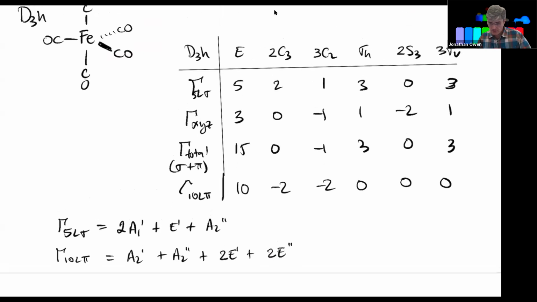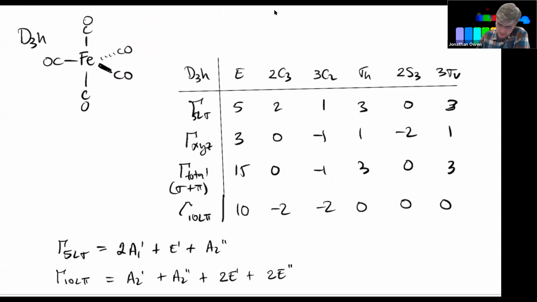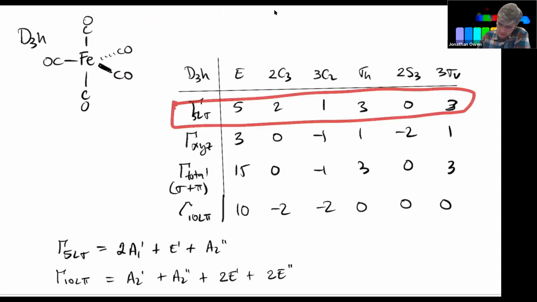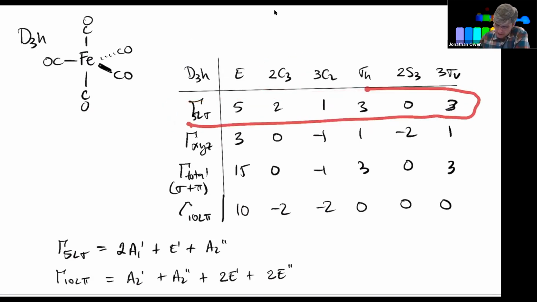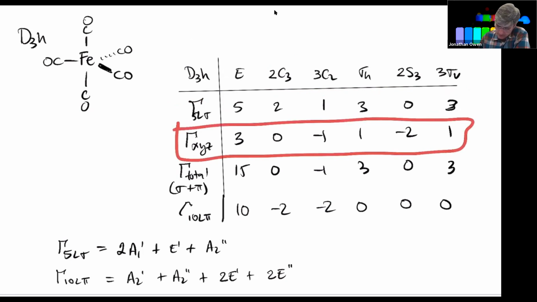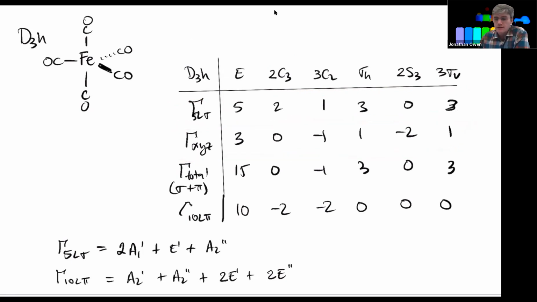Now, you can't really do this by inspection. Sorry, back up. You can do this by inspection. This is actually no problem at all. I'm getting ahead of myself. It's the iron d orbitals that are complicated, right? This you can do by inspection. We just say, all right, how many move? None. How many move?